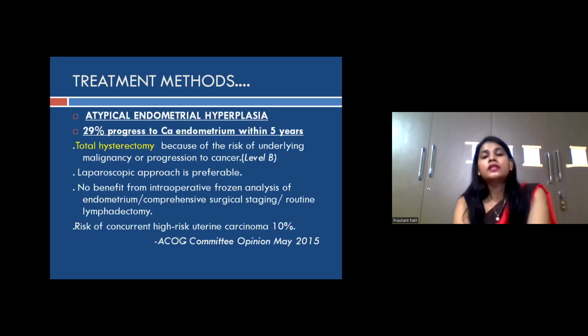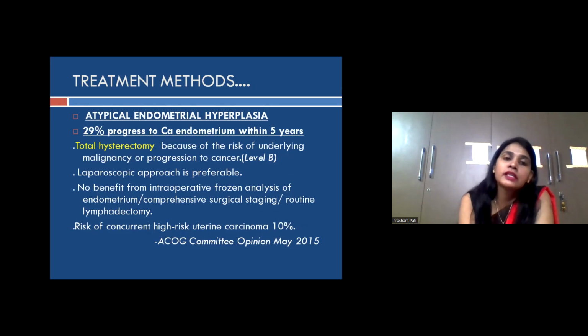Now coming to atypical endometrial hyperplasia. When we get an atypical hyperplastic endometrium, it has a 29% risk of progression to carcinoma of the endometrium within a short span of 5 years. That is why we need to treat this on a priority basis, and we have to treat it completely. So the option here is always a total hysterectomy because of the risk of underlying malignancy or progression.